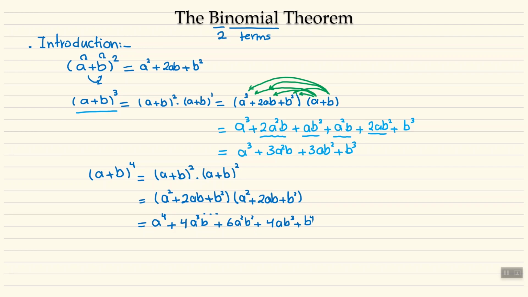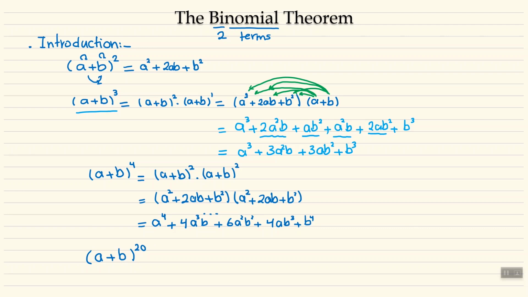And this is going to be the expansion of a plus b to the power of 4. Okay, now, what if we want to expand something like a plus b to the power of 20?